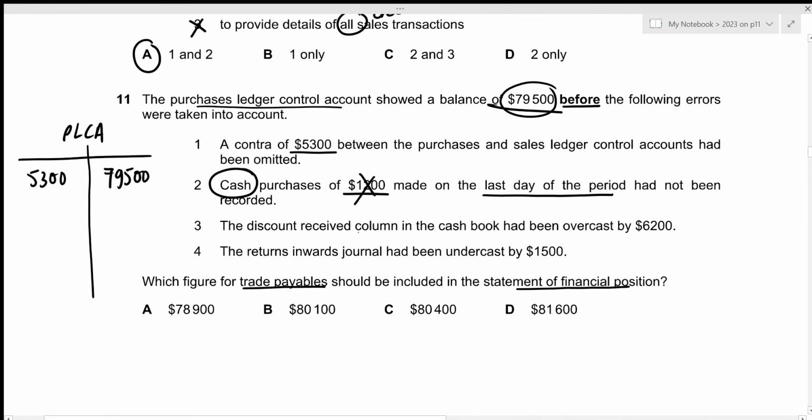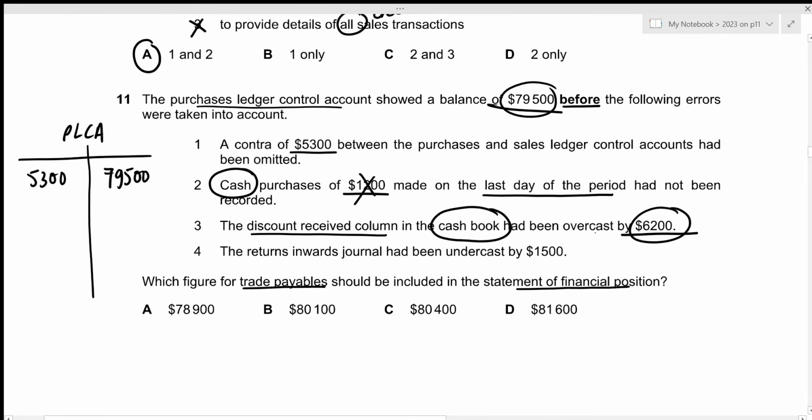Then the discounts received column in the cash book had been overcast by 6,200. And this is the error in the cash book, right, which is the book of prime entry. And the basis for our purchases ledger control account is the book of prime entry. So if there has been an error in the cash book, that error will also be reflected within the purchase ledger control account. So we need to rectify this error here as well.